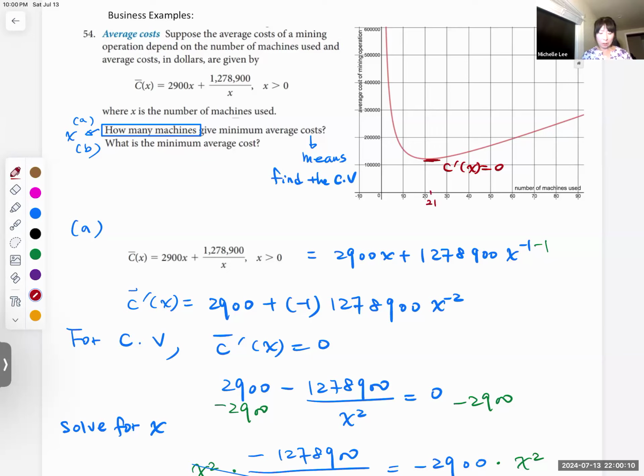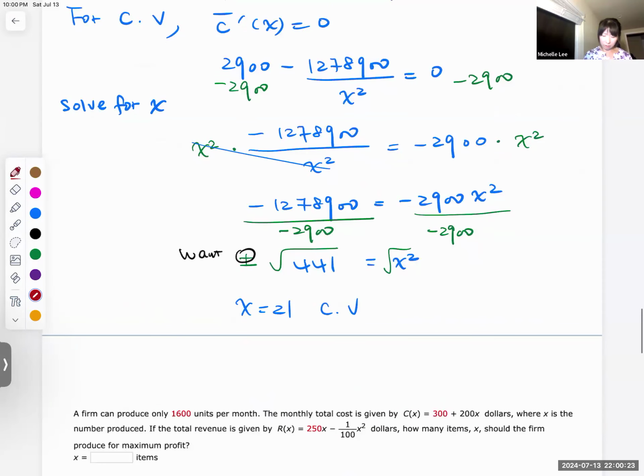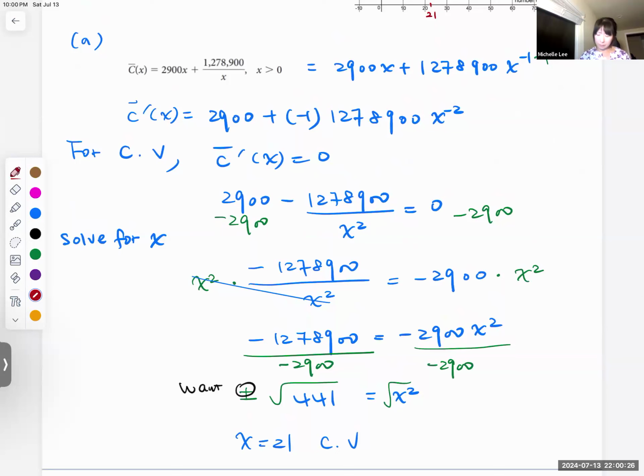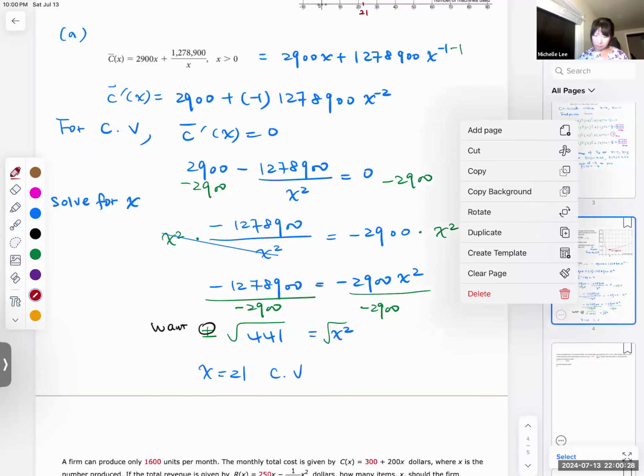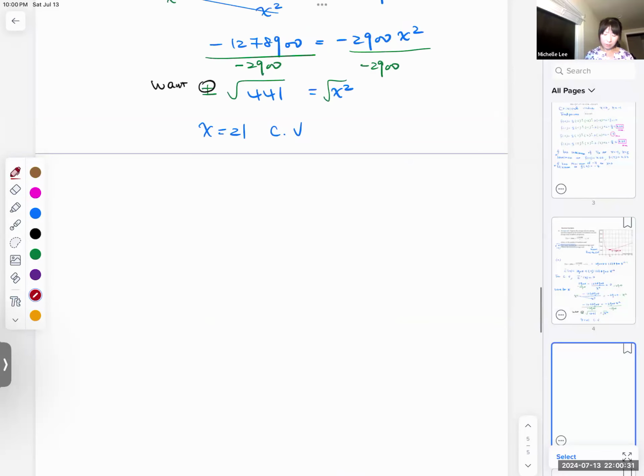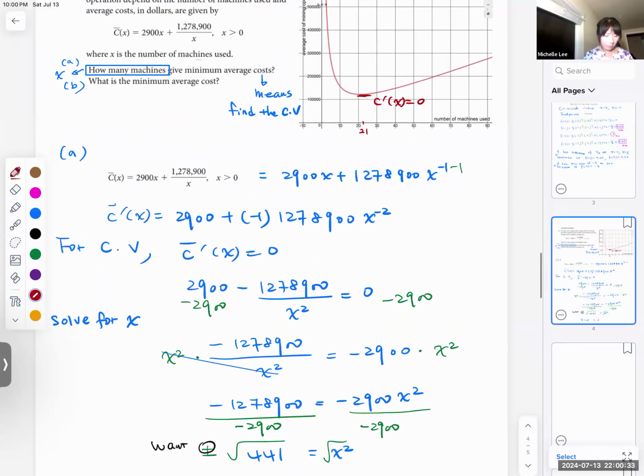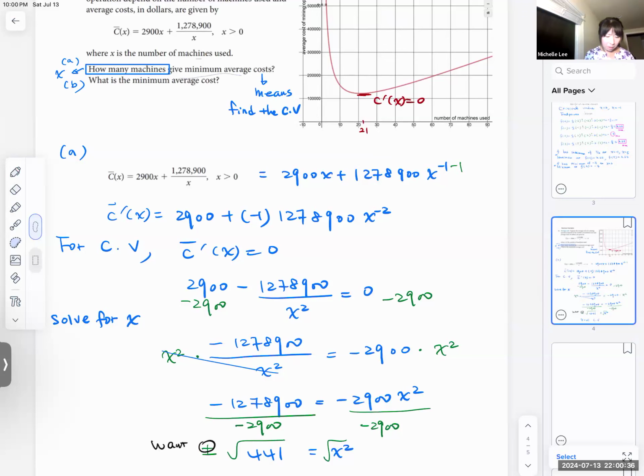Okay, second part, what is the minimum average cost? We substitute when x equal to 21. Let me write down: what is the minimum average cost?